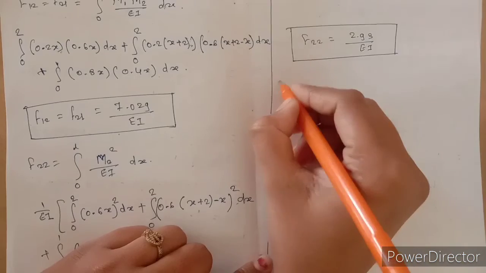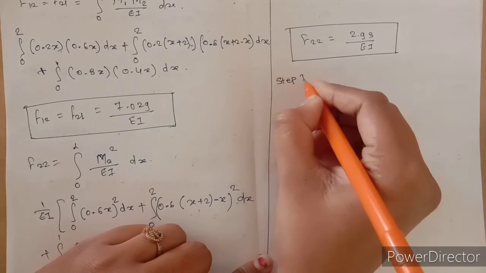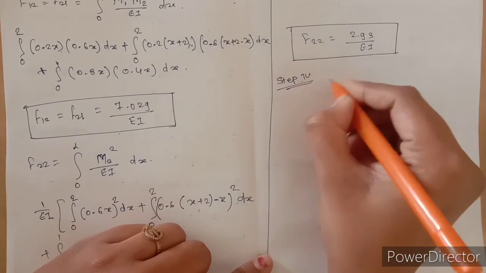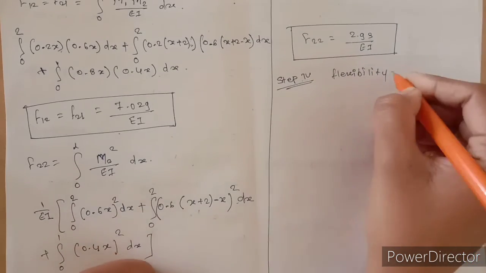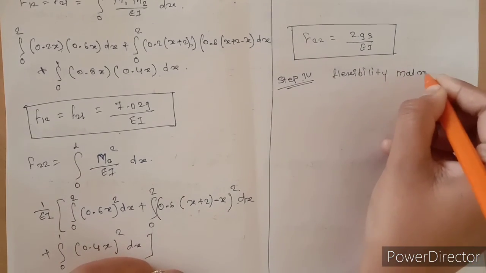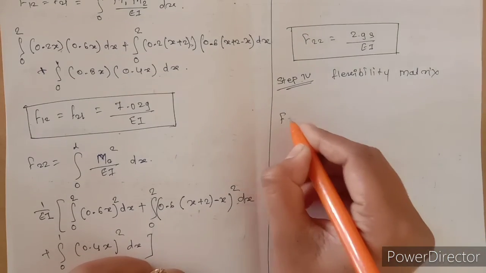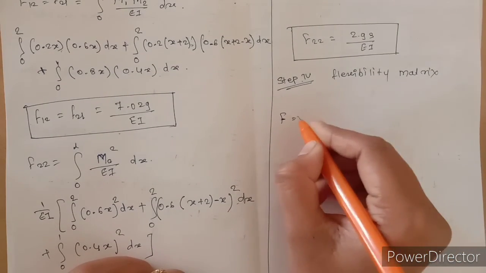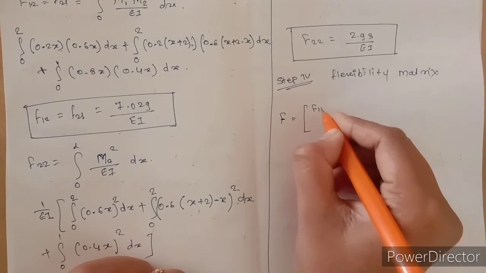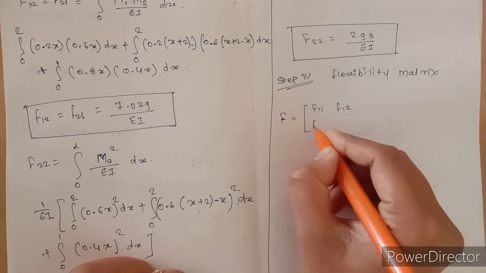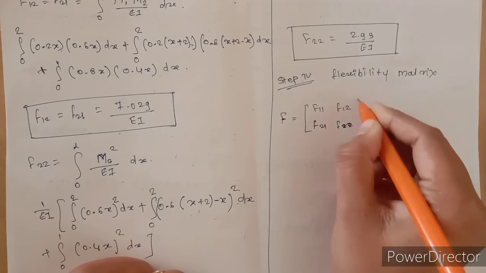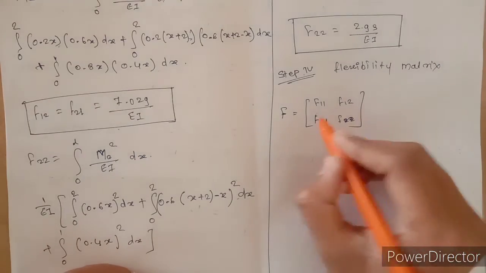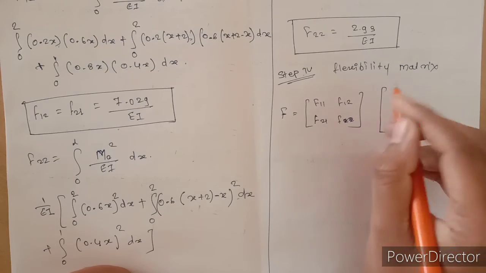Okay, and the last step, step number 4, that is the flexibility matrix. So the F matrix, and lastly put these values in this formula.